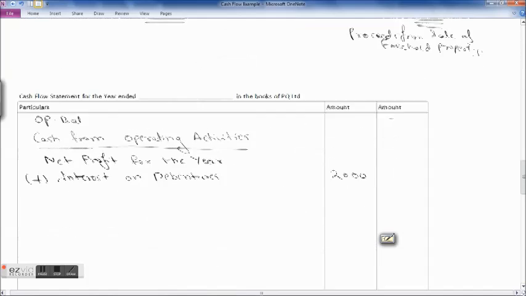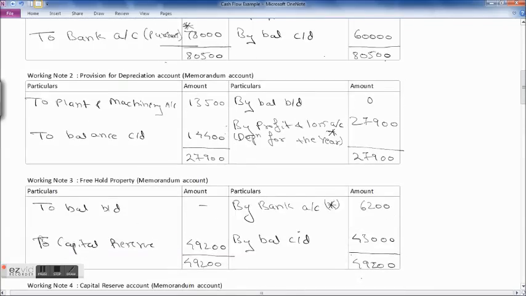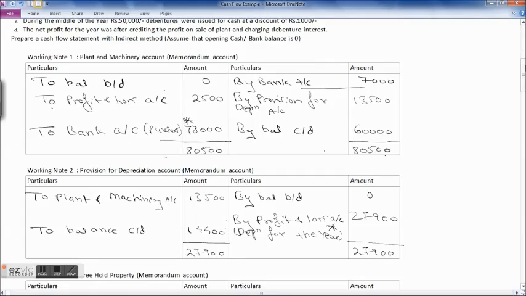Let's see the account again. Then provision for depreciation, 13,500: there is no impact on cash flow. Then to profit and loss account, 2,500. So profit on sale of plant, 2,500, was included in your profit and loss account.